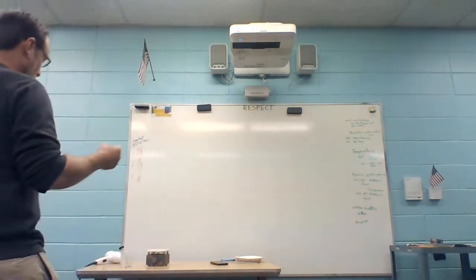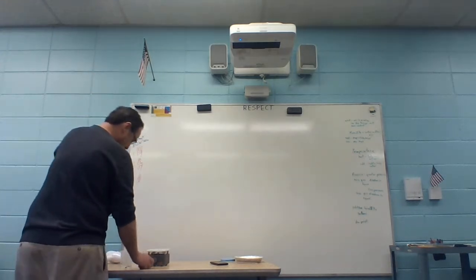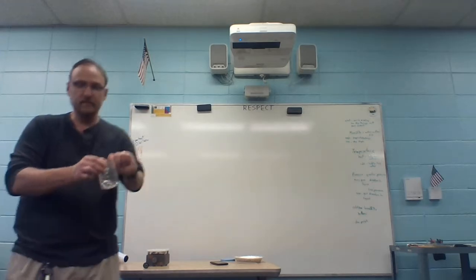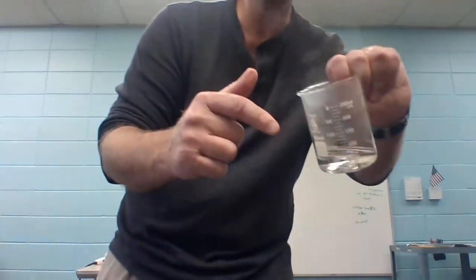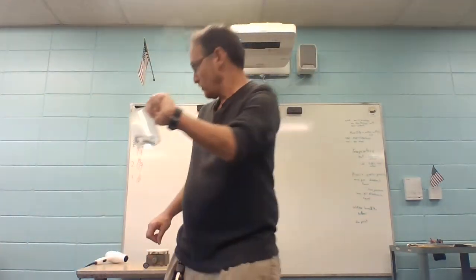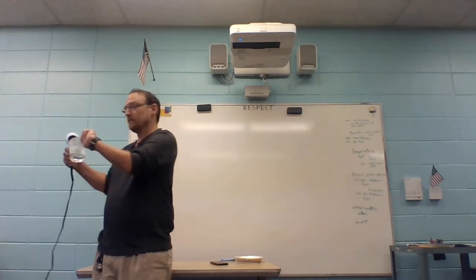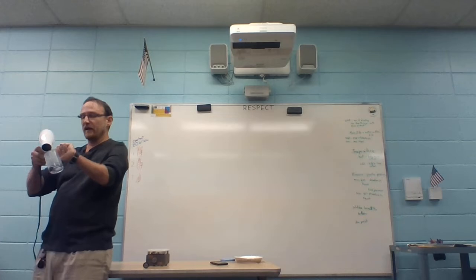Now another thing that will affect weather is wind. So I've got a little bit of wind here, and you saw how the humidity is on the inside of the glass. Wind will come across, and the more contact something has with the air, the more effect it will have on the water in the air.